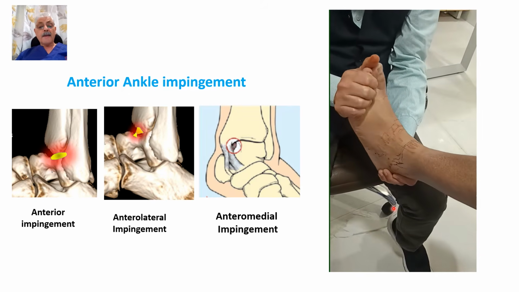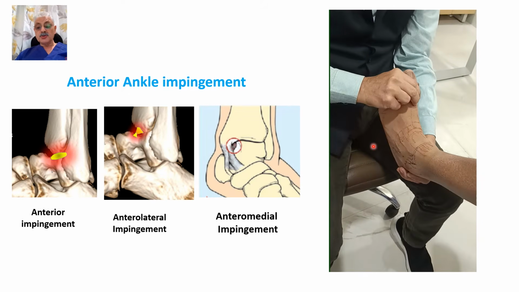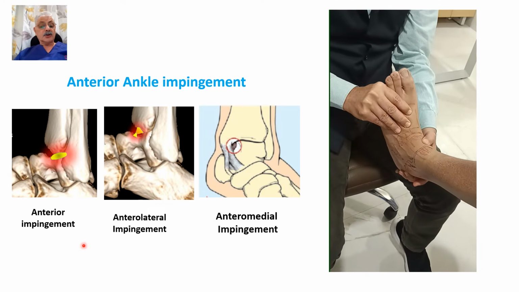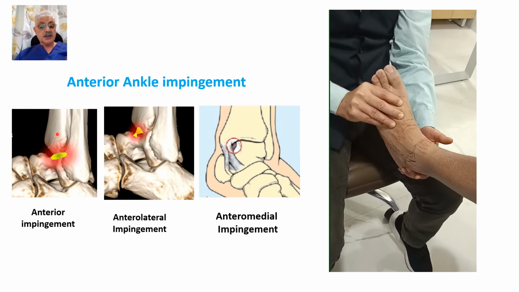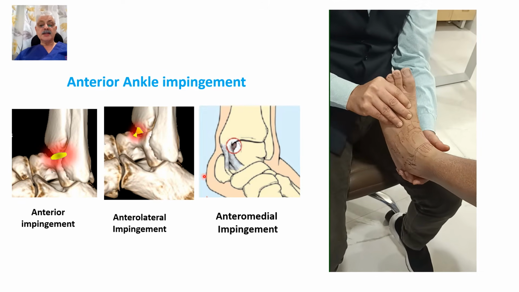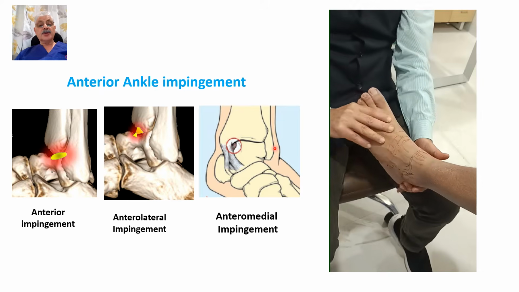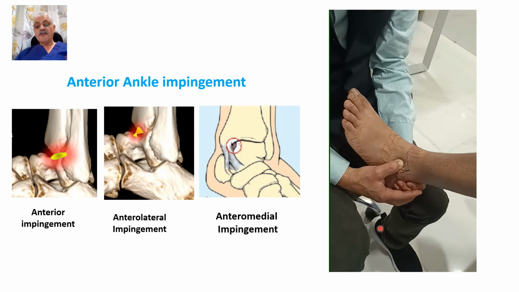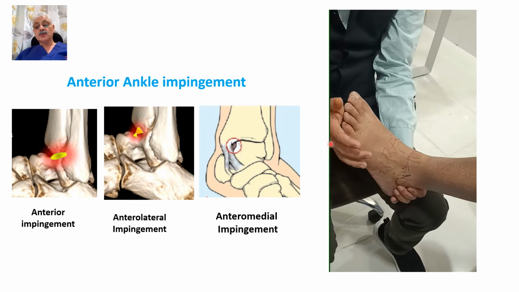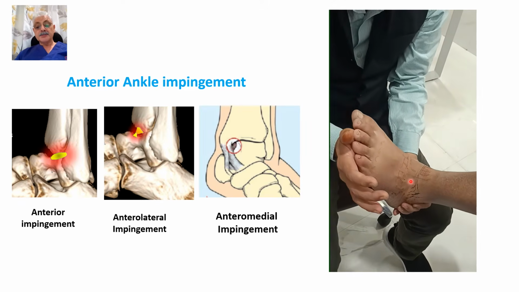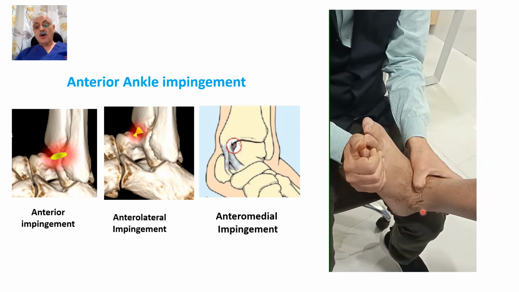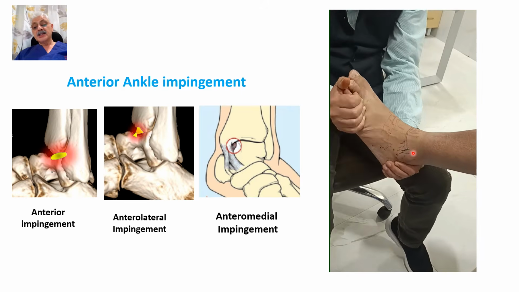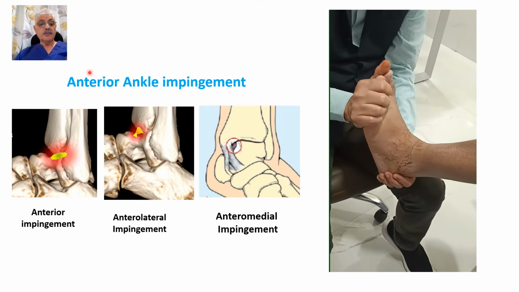To appreciate these impingements, you need to dorsiflex the ankle, in neutral position, in eversion, and in inversion, and when you get pain in these regions, it is suggestive of impingement. Apart from that, you can confirm these impingements by palpation on the anterolateral side, the anterior side, and the anteromedial side.